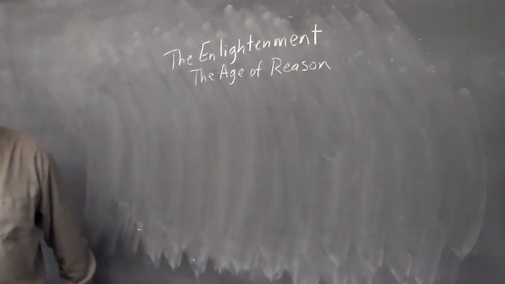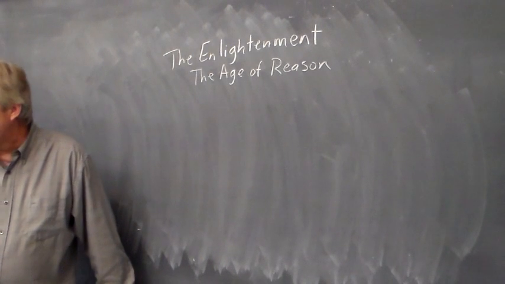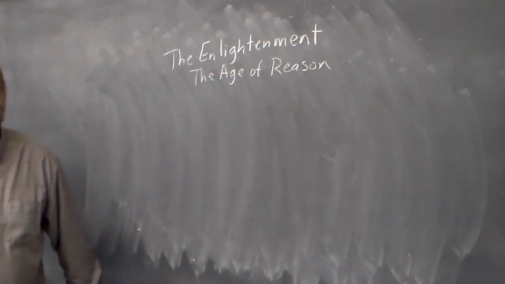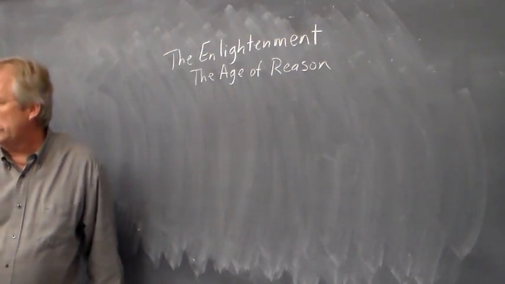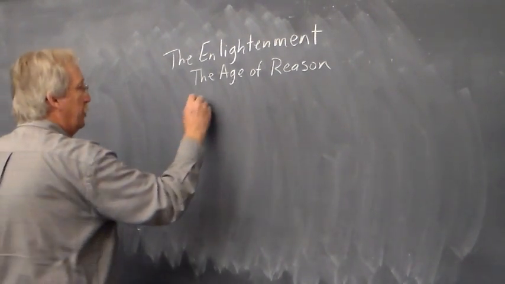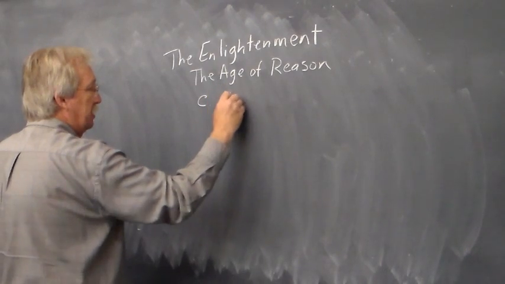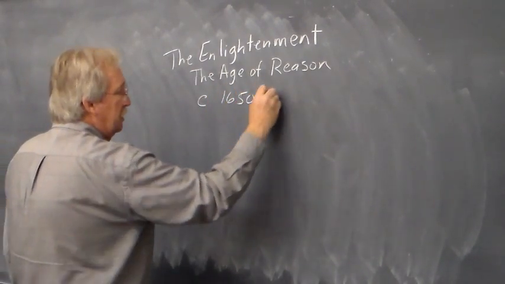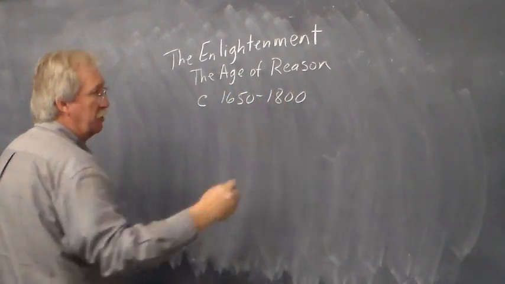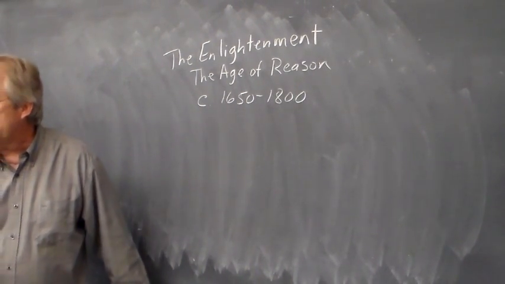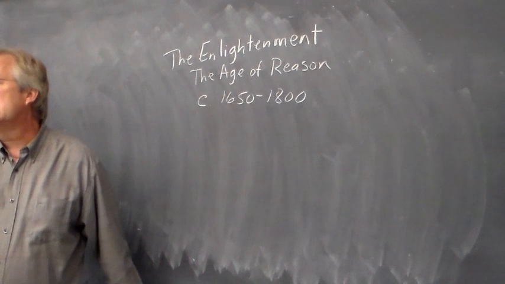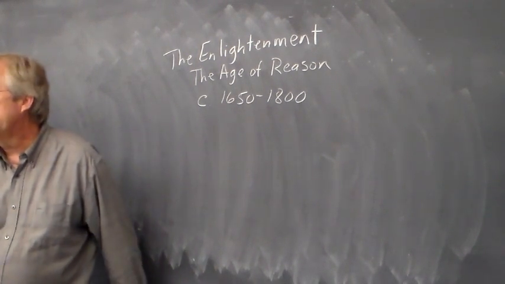And so you first start to see this mid-17th century, but it particularly has to do with 18th century philosophy. So we'll put here circa something around 1650 to 1800 or so. And it's something that features a conflict of faith and reason.